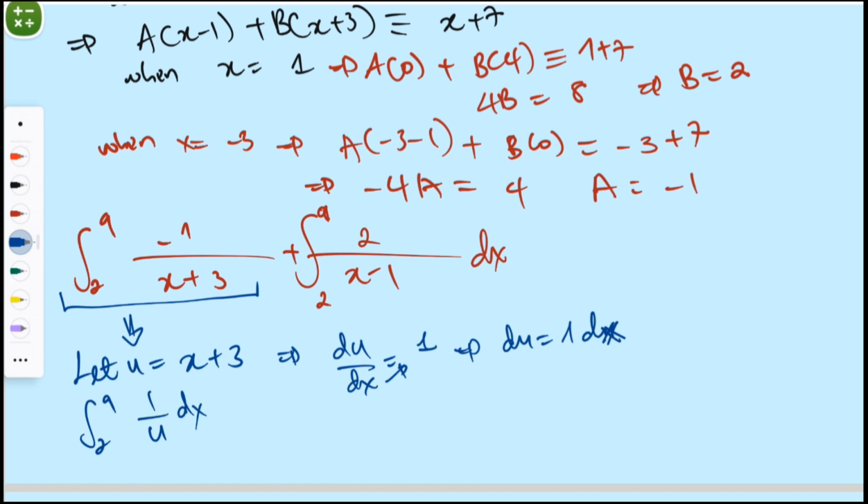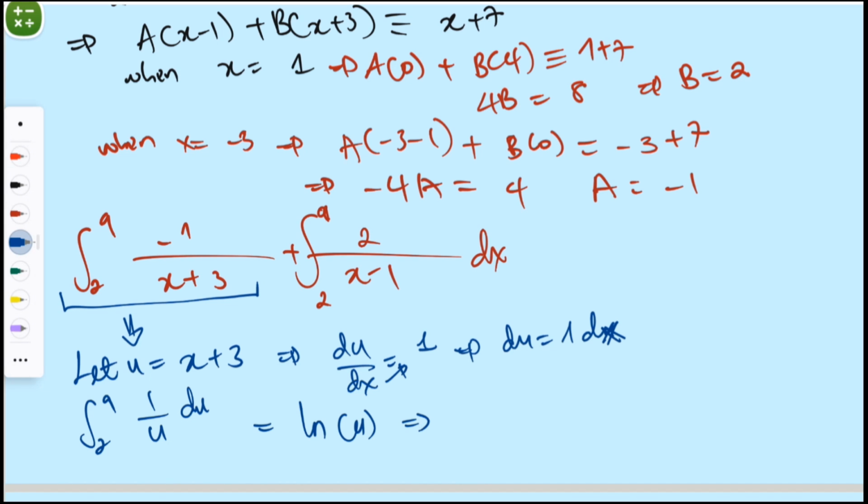We now have to integrate 1 over u with respect to x, so I'm going to change this and put du, because the variable with which you're integrating has to be the same as its function. Both of them have to be du. Now the integral of 1 over u or 1 over x is the same as natural log of that function.